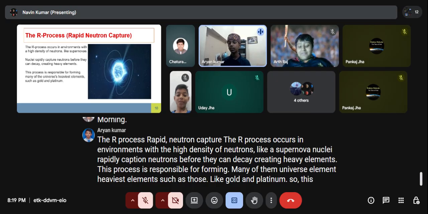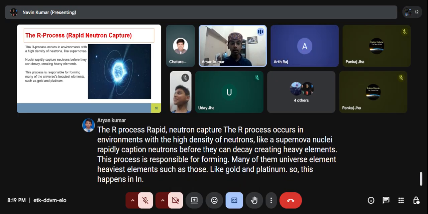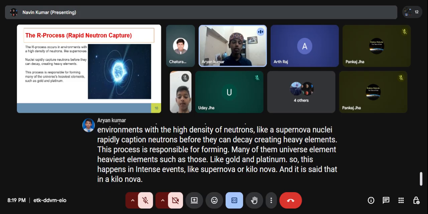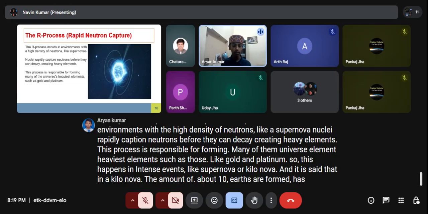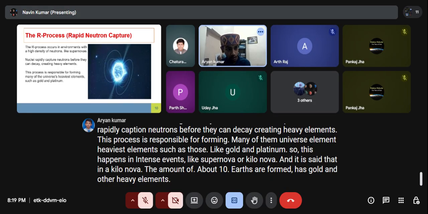So this happens in intense events like a supernova or kilonova, and it is said that in a kilonova, an amount of about 10 Earths of gold and other heavy elements is formed.